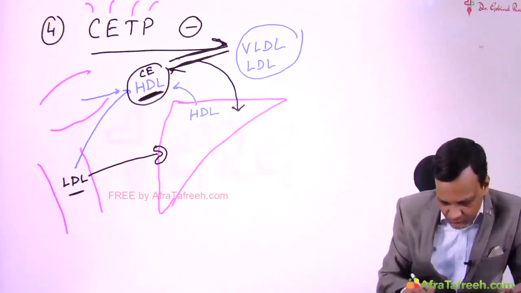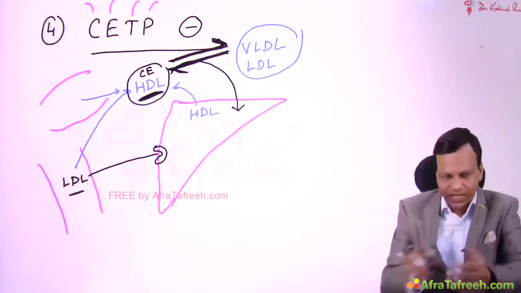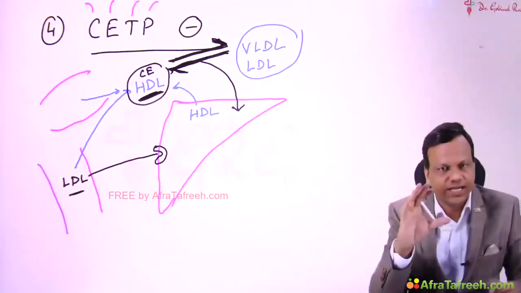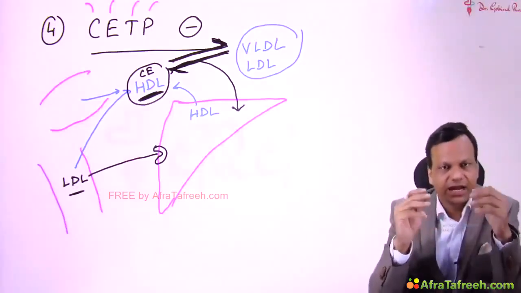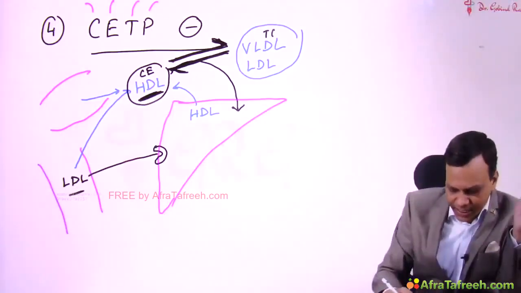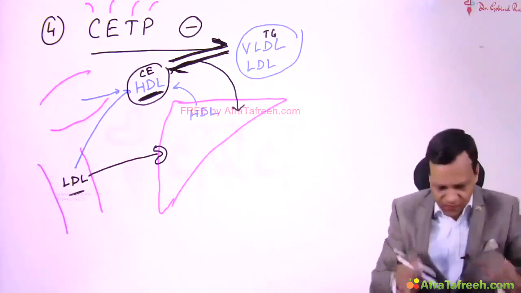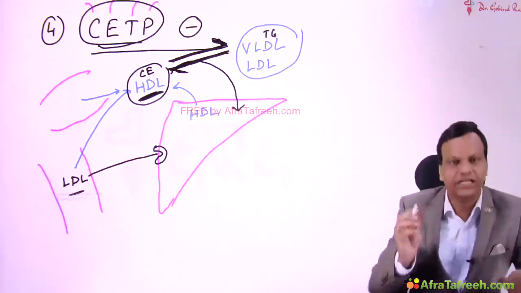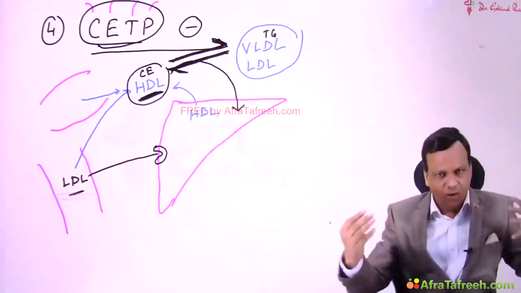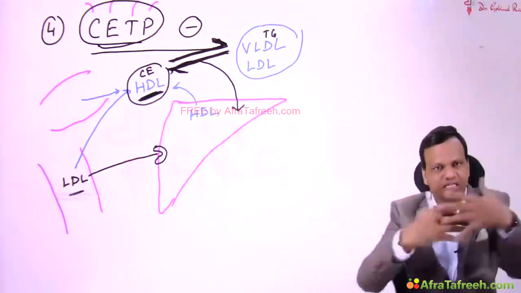They will say, you take up our triglycerides and give us the cholesterol ester. So VLDL and LDL try to exchange the cholesterol ester of the HDL with the triglyceride present in them. This is with the help of an enzyme known as CETP, cholesterol ester triglyceride transport protein. As the name says, cholesterol ester and triglyceride will be exchanged.